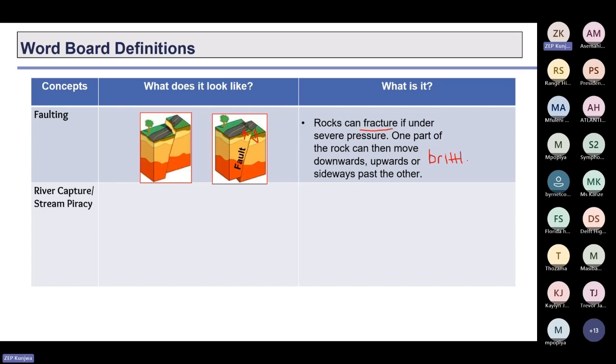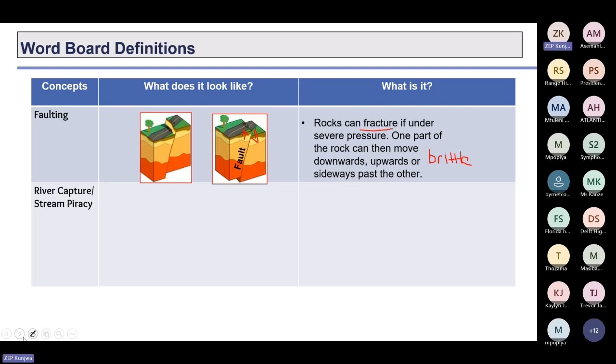This is what changes the landform there. Because those rocks are hard, they are brittle, just like a glass, if you break a glass, it's going to break. But if you bend a paper, it's going to bend, or a rubber, for example. So these rocks are hard, so they break. Now this means the other part is going to be pushed downward, the other one is going to be pushed upwards. Okay.